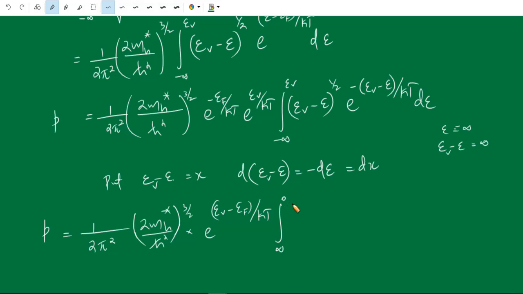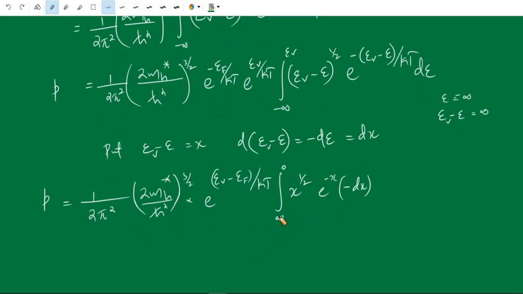So this will become integral from infinity to 0 of x raised to half e raised to minus x, and dE is equal to minus dx. So the minus dx flips the limits, and this will become 0 to infinity x raised to half e raised to minus x dx. So this integral is also a standard form. Here the result is 1 by 2 root pi into kT raised to 3 divided by 2.